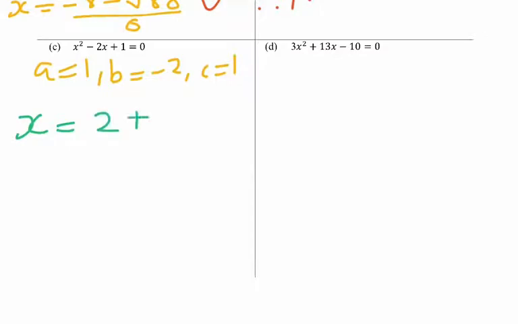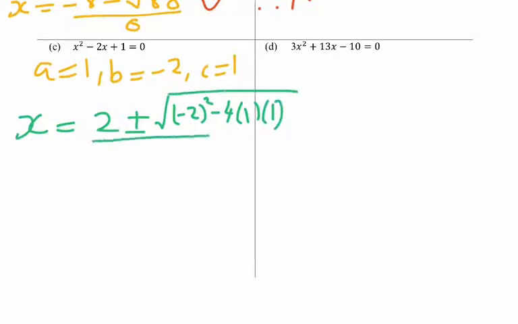Then plus or minus the square root of b squared, -2 squared, minus 4, and then a, and then c, all divided by 2 times a, which is 2 times 1. So it gives me x equals 2 plus or minus.